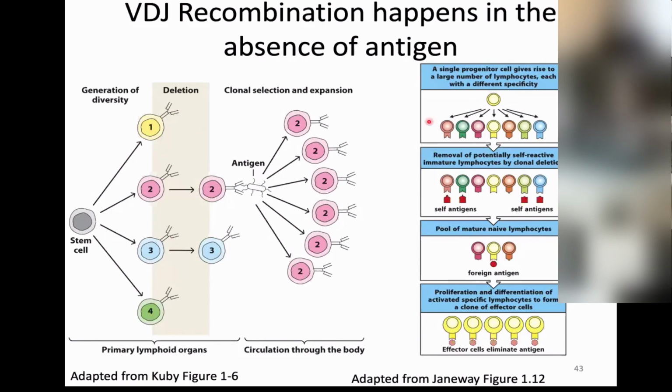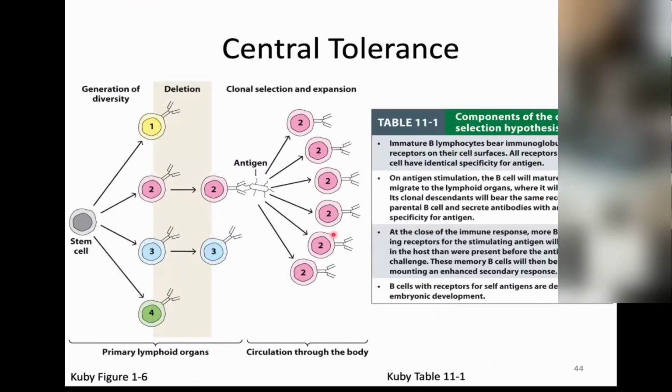We make this giant diversity of our different lymphocytes, then we test them against self-antigen, and we purge any that respond to self-antigens, only letting the ones that respond to non-self antigens out to do their job in the rest of the body. We will talk about this process, known as central tolerance, on Monday, of how we actually test B cells to make sure that they're not self-reactive.